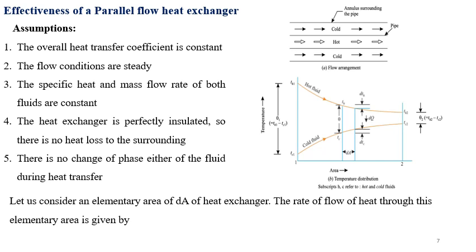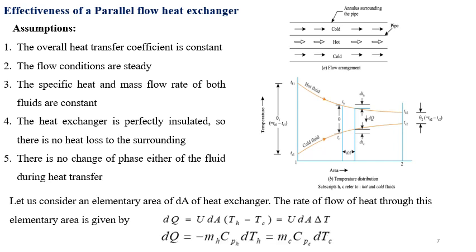The rate of heat transfer through this elemental area is given by dQ equal to U dA into Th minus Tc, which is equal to U into dA into delta T. By energy balance, we can write dQ is also equal to minus mH Cph dTh, which is equal to mC Cpc into dTc.